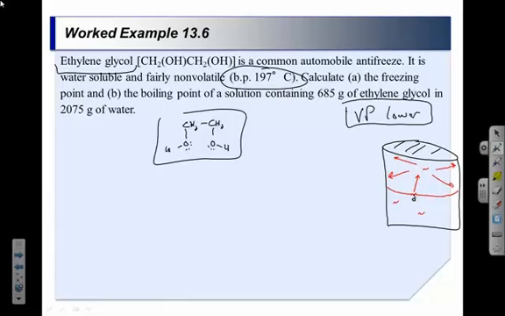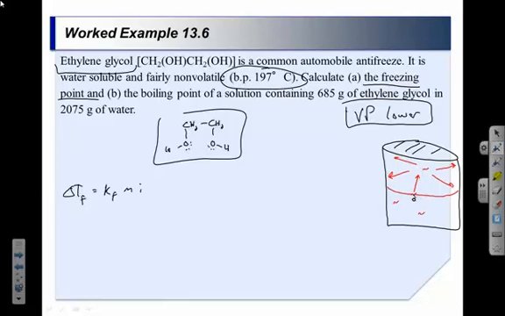So quantitatively though, if I want to actually measure the freezing point, I would use the formula, and I would plug in. So what I have here is ethylene glycol.